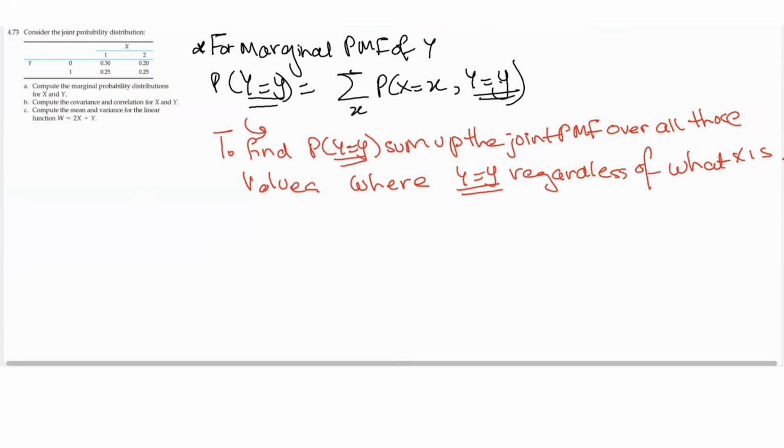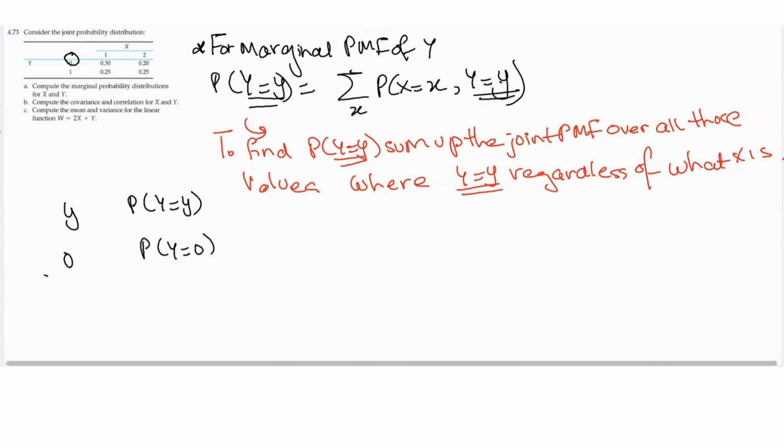So let's apply it to this example. Here, the first value that Y is going to take is 0. We want to find the probability that Y is equal to this value, that is, the probability that Y is 0.